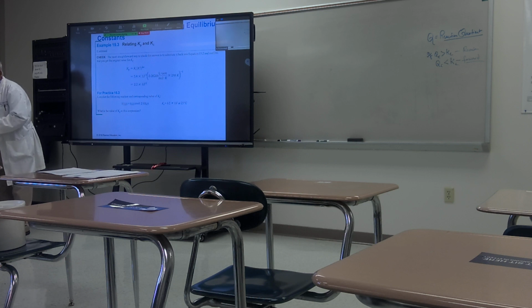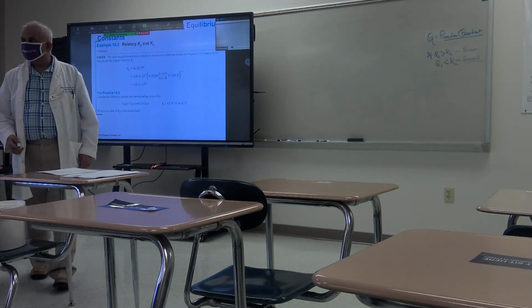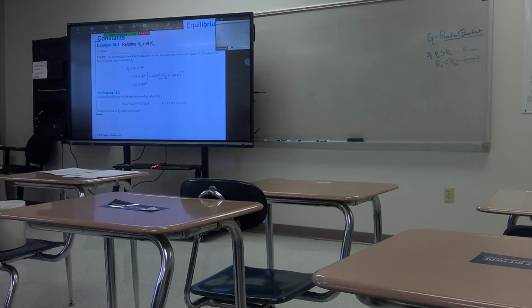Dr. Kara, for Kc, did you say that the reactants are the numerator and the denominator? Always in these equations, the reactants are in the denominator, the products are always in the numerator. Whenever you write an expression, the left side of the arrow is reactants, the right side the products.